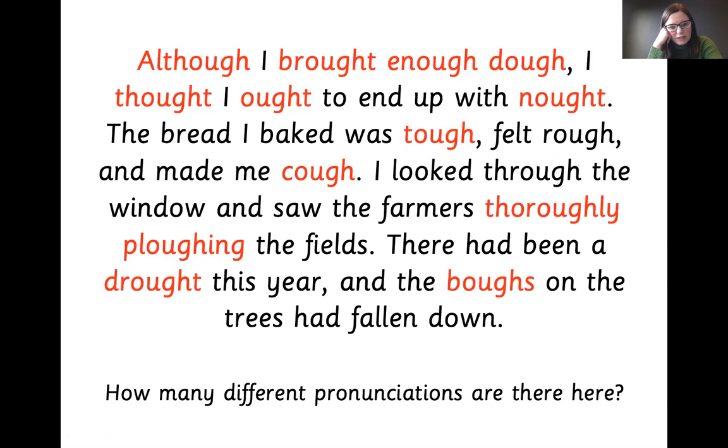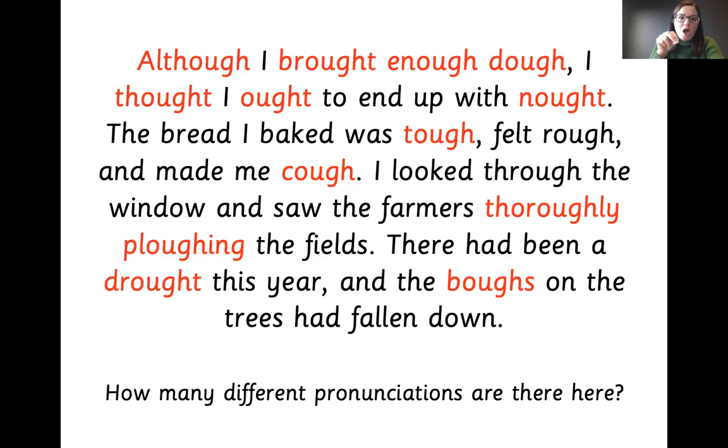Although has got the O sound. So that's one, the O. Can you see that question at the bottom? How many different pronunciations are there here? Although, we've got the O sound. Brought, we've got the O sound. Enough, we've got the uff sound.